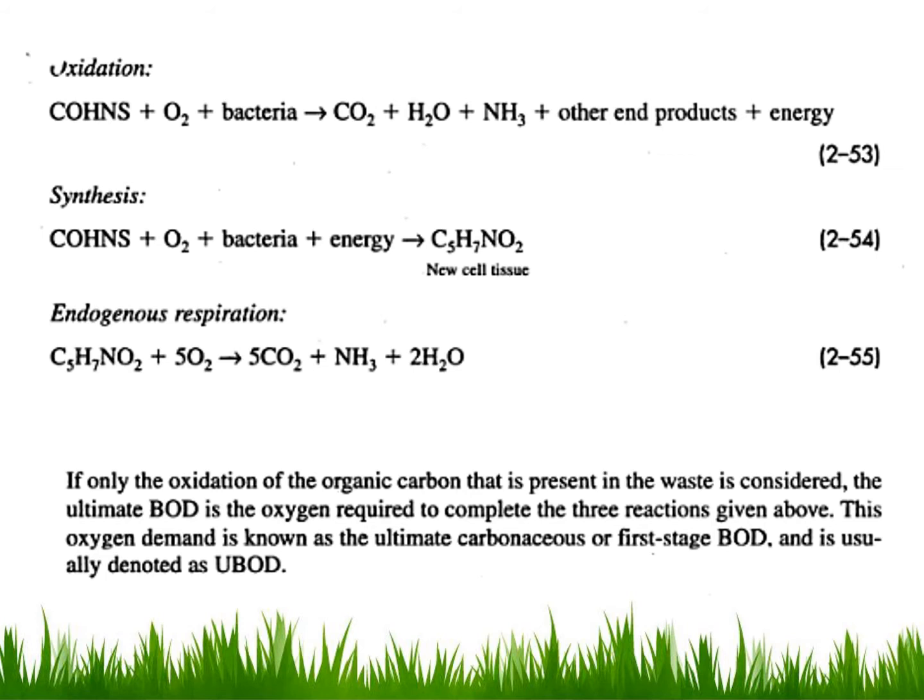Now, what will happen? This new cell tissue will again be consumed, and it will be giving CO2, ammonia, and 2H2O, oxygen, water. So this is called endogenous respiration, in which new cell tissue is again being consumed. This is kind of reduction process.